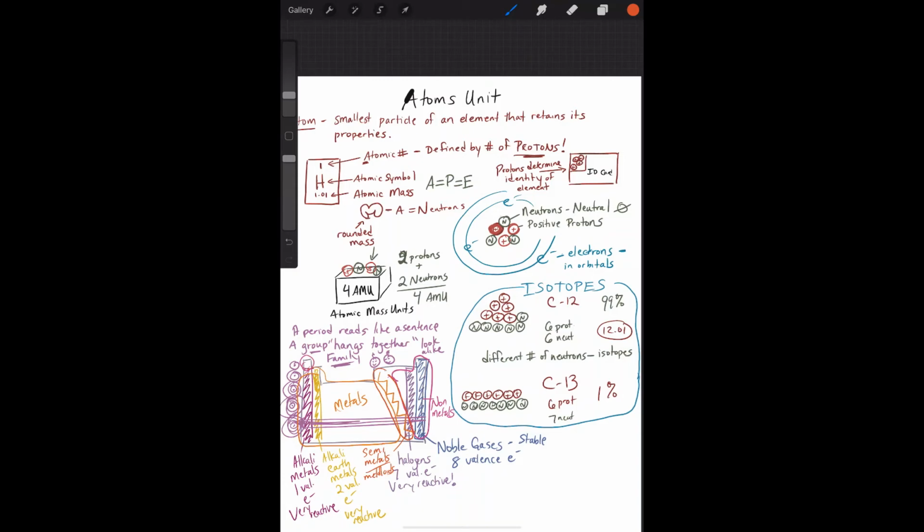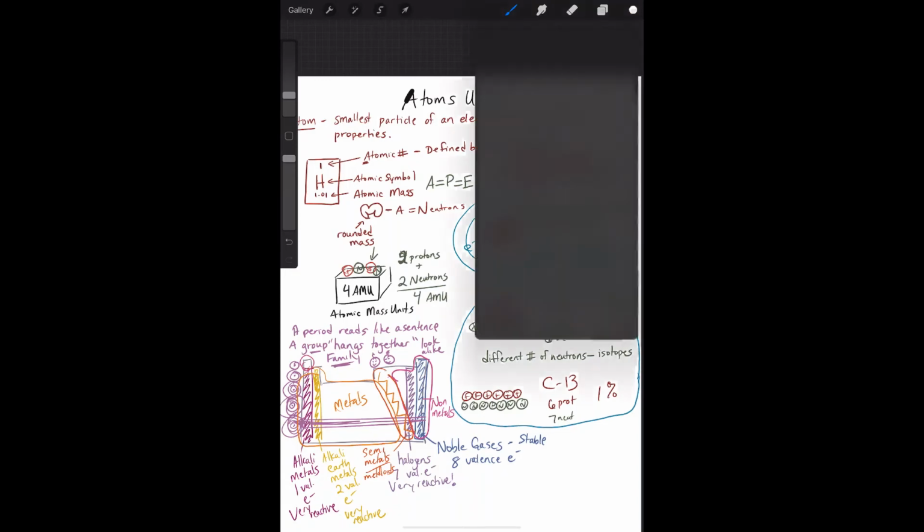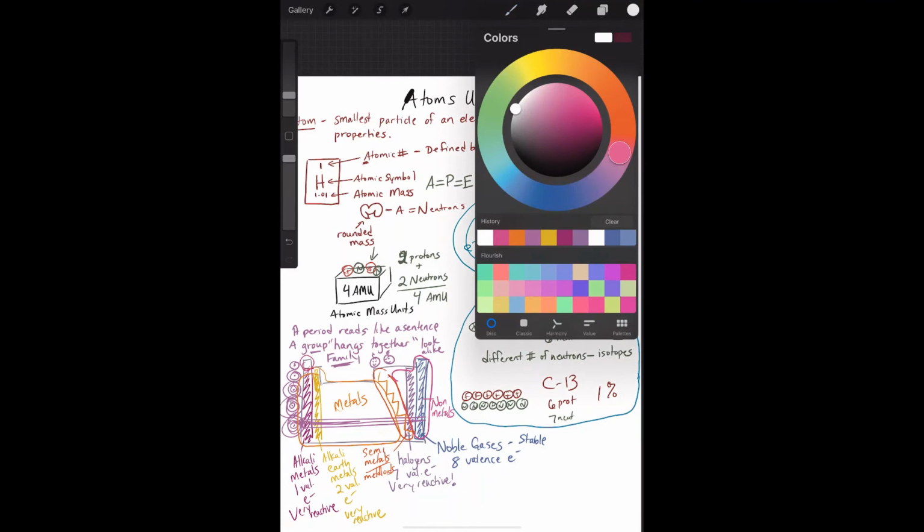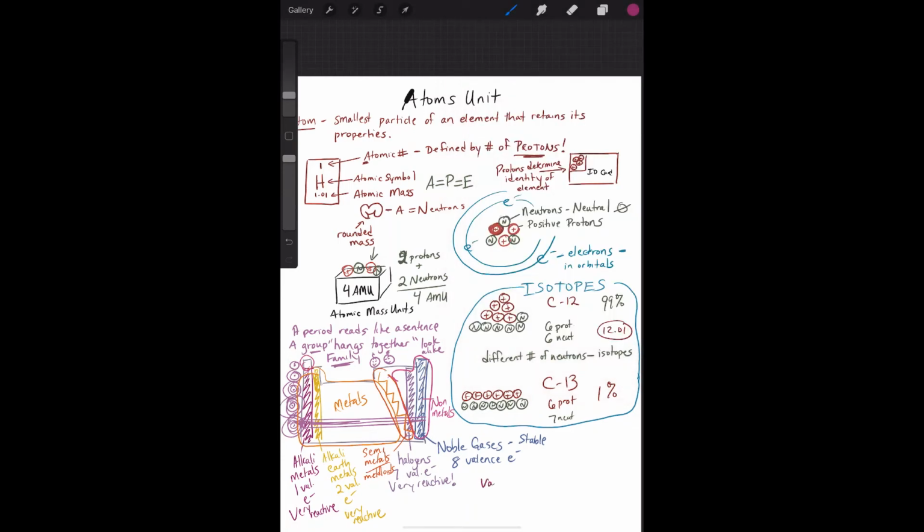So let's think about what we know about valence electrons, because that's a really important thing. Valence electrons determine the properties of the elements.